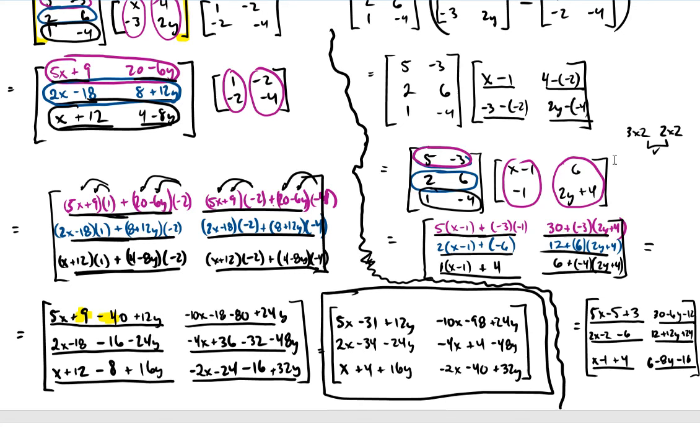Okay, and then I can't fit that last step on there, but I will at least just highlight, like this negative 5 plus 3 would simplify, so would those, so would those. And then in our right column, the 30 and the minus 12 would simplify, the 12 and the 24 would become 36. 6 minus 16 would become negative 22.